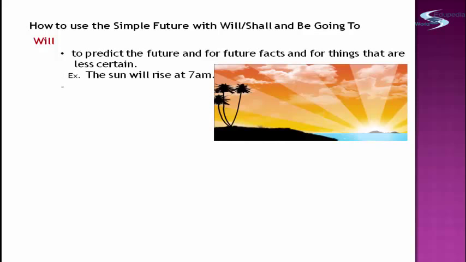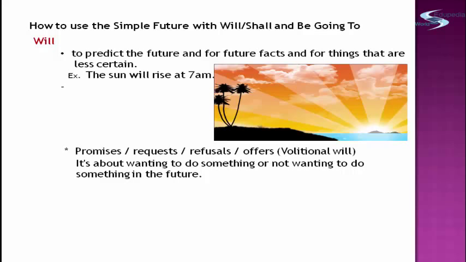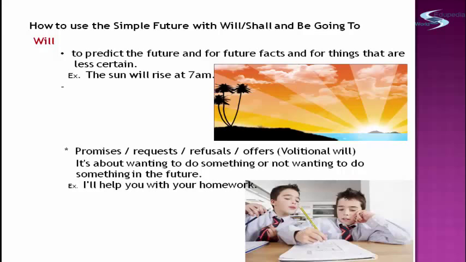Example, the sun will rise at 7 a.m. Will is also used in the future tense for promises, requests, refusals, offers, especially volitional will. It's about wanting to do something or not wanting to do something in the future. So we have an example. I'll help you with your homework.